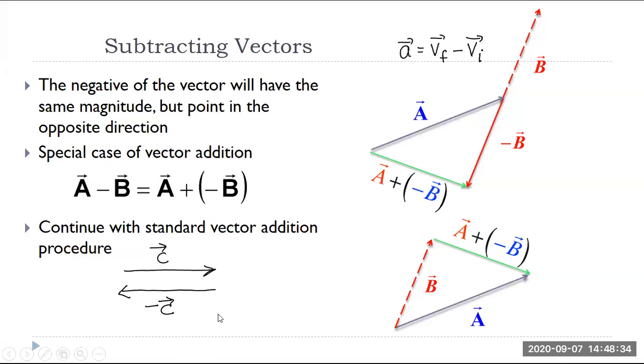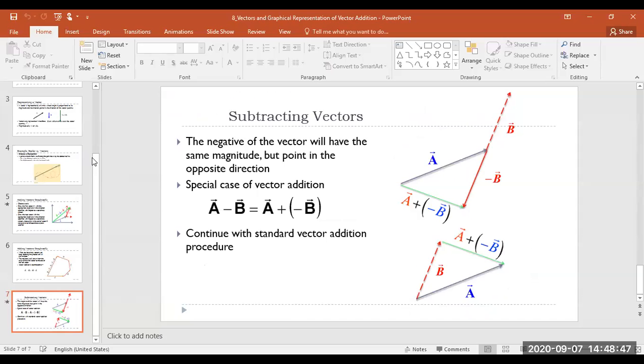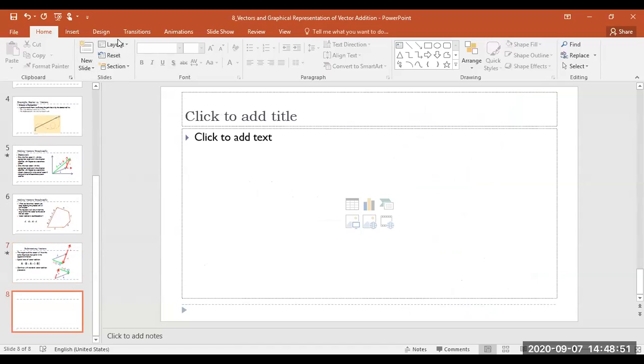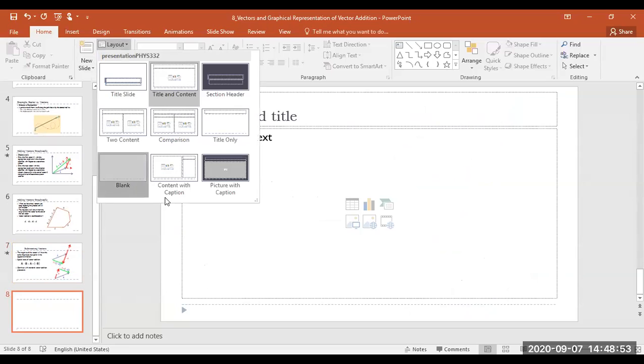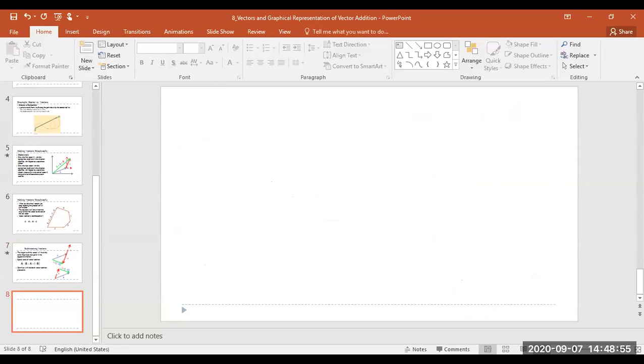If you have like A plus B plus negative B plus C, but you have a whole bunch of them, right? Let me see if I can make one.